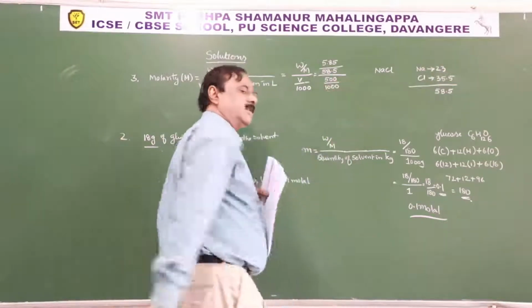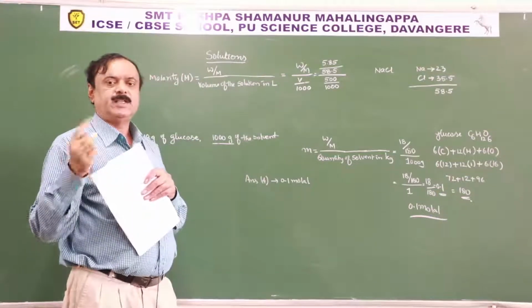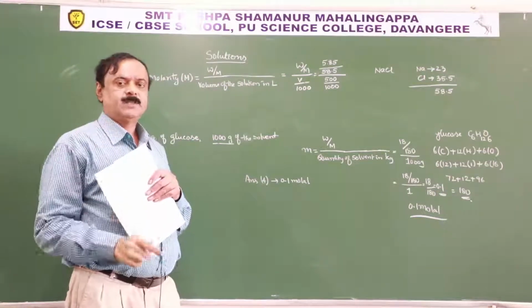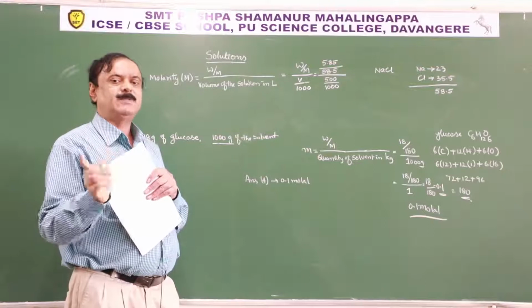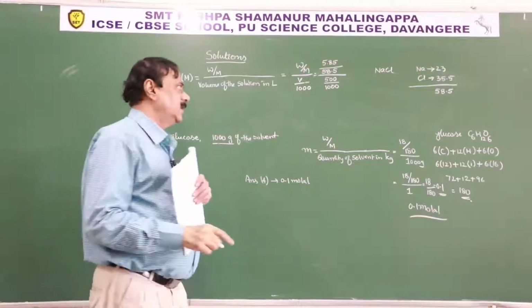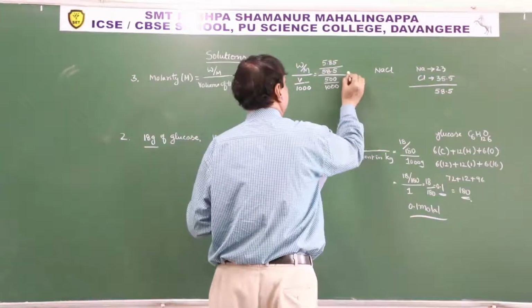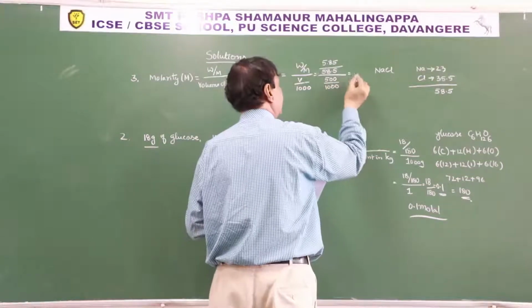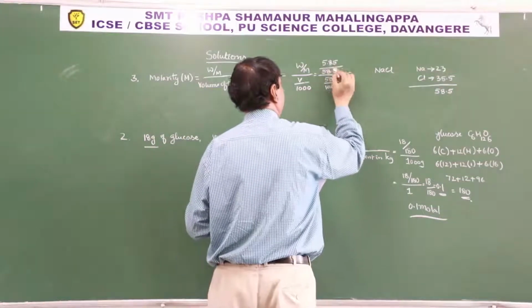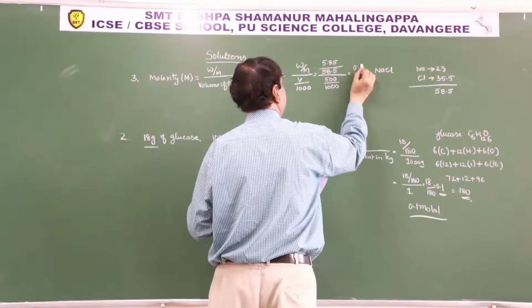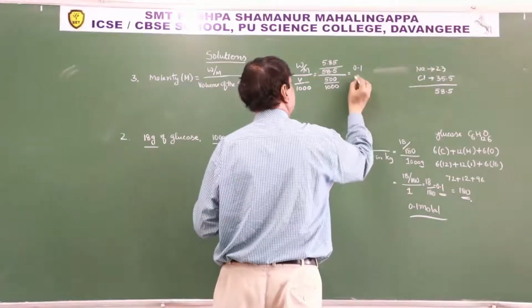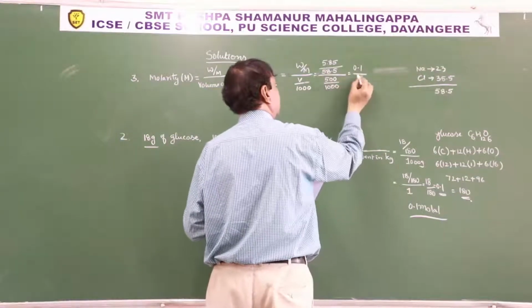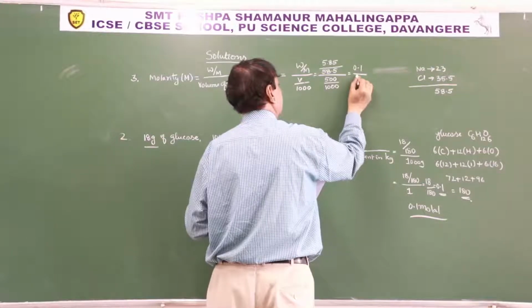Why are they using 1000? In order to convert the given volume in terms of liter. If the given volume is 1000, no problem, the denominator is always 1. If the given volume is not 1000 ml, then divide by 1000 ml. This 5.85 divided by 58.5 is 0.1. Now 500 divided by 1000 is equal to 0.5.